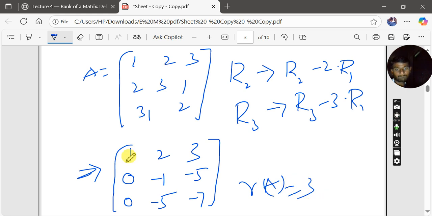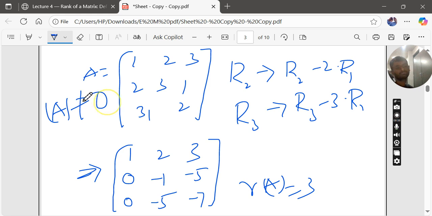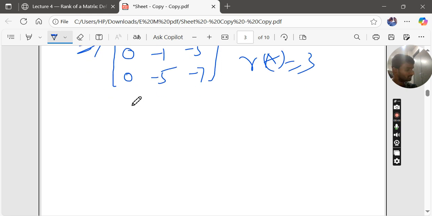Similarly if you calculate the determinant of this matrix also, it won't be 0, so you can directly say rank will be 3. And similarly you will see some examples with 3 rows and 4 columns. Let's say you are having matrix 1 minus 1, 1 minus 1 minus 1, and 1 minus 1, 2 minus 1, and 3 1 0 1.